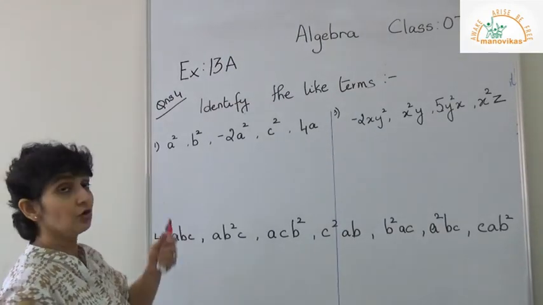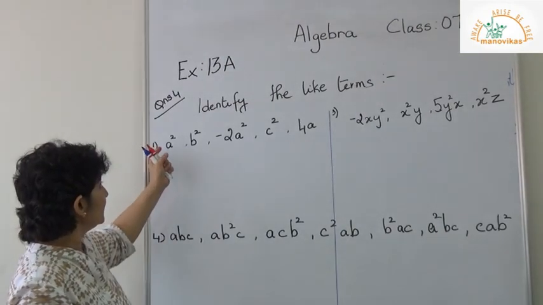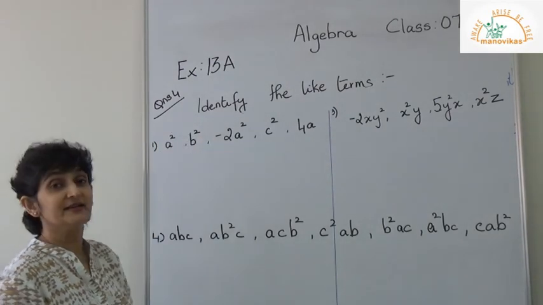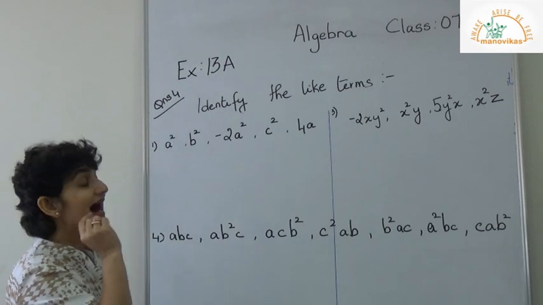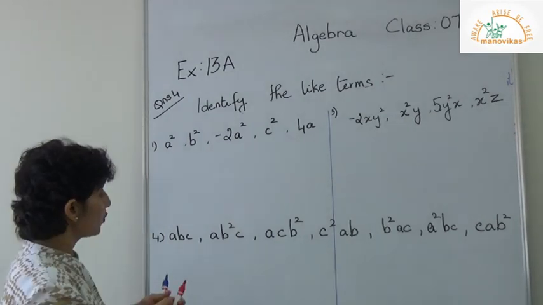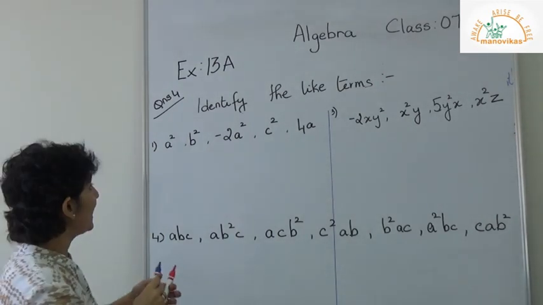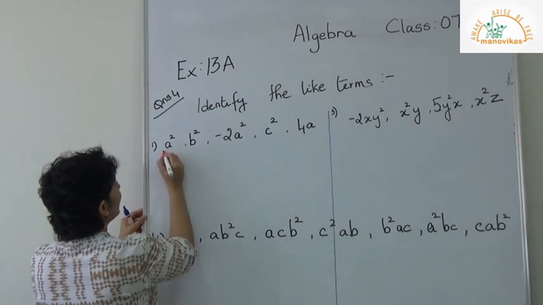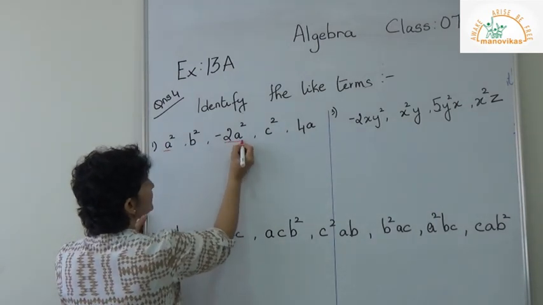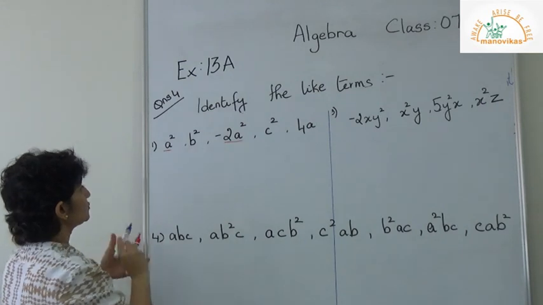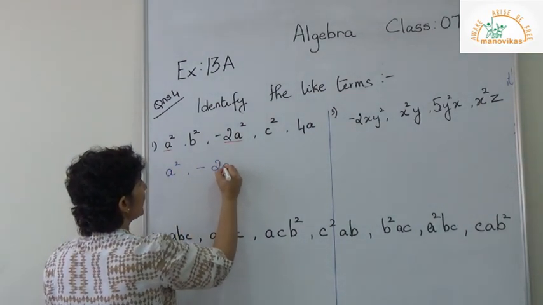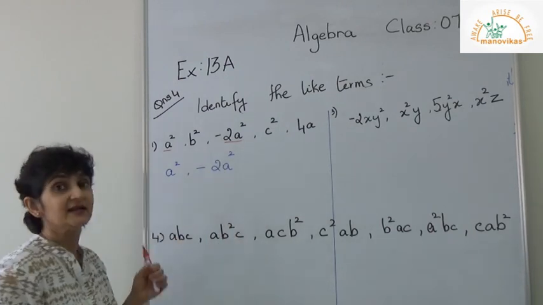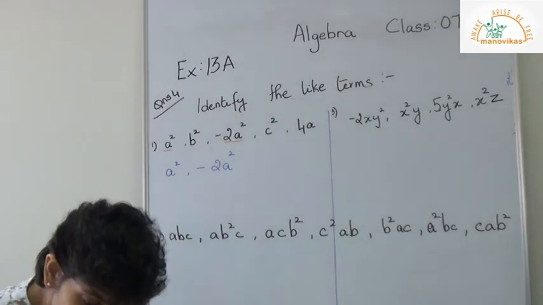Question 4. Identify the like terms. The first sum. Now, they said identify them. So, which have the same alphabet: a squared and minus 2a squared are the like terms here, isn't it?